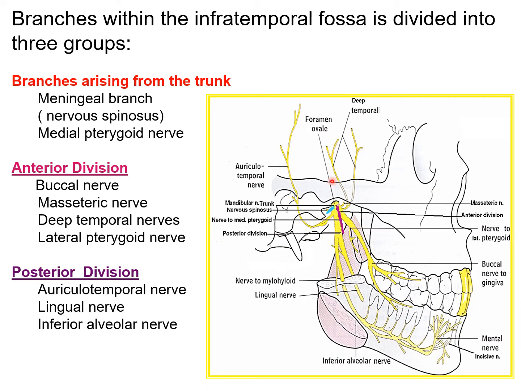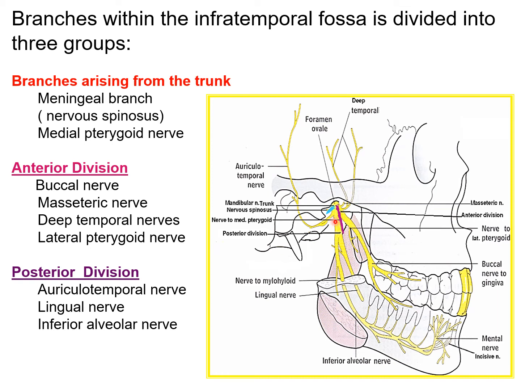So the mandibular nerve leaves the middle cranial fossa by passing through the foramen ovale and it enters the infratemporal fossa. Now the trunk of the mandibular nerve gives a branch that is the meningeal branch, also known as nervus spinosus, in this bluish color. And also the trunk gives another branch which is nerve to medial pterygoid, represented in this purple color.